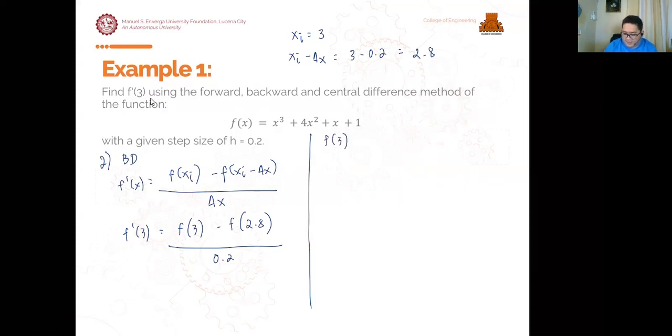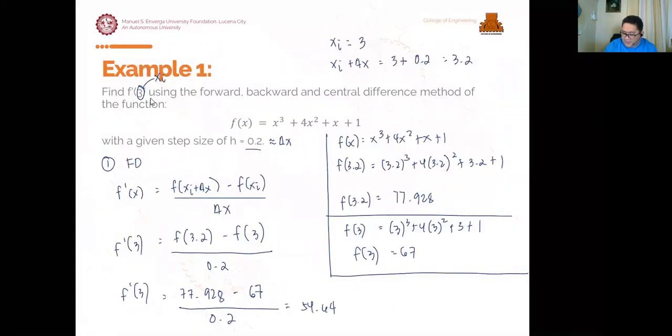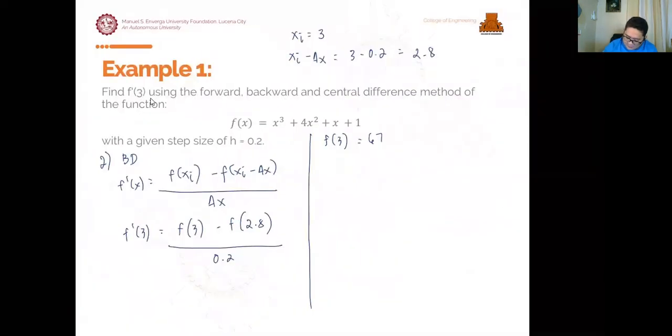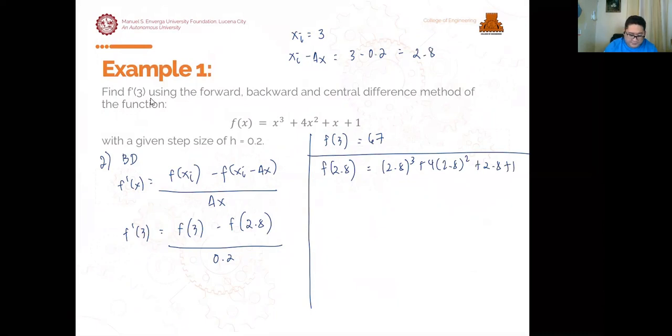F of 3 is calculated already earlier. Nung nakuha nating value is 67, no? Okay? Then next is yung f of 2.8. So we have 2.8 cubed plus 4 times 2.8 squared plus 2.8 plus 1.